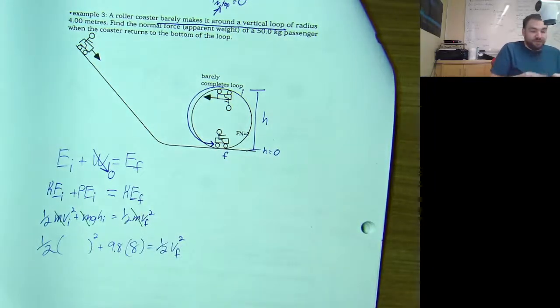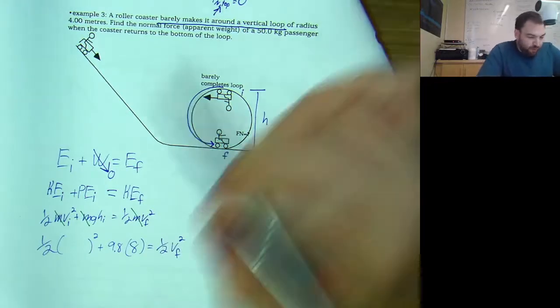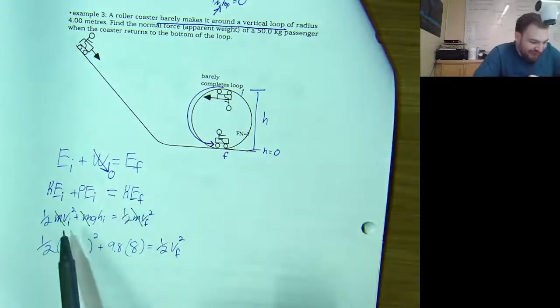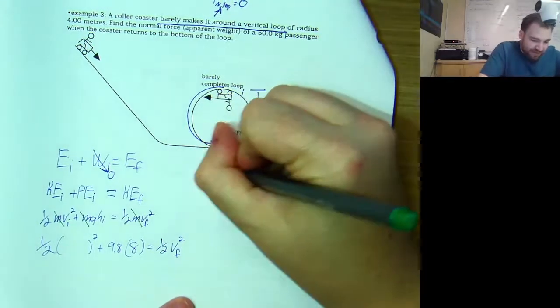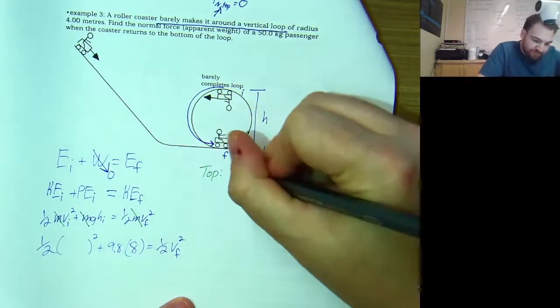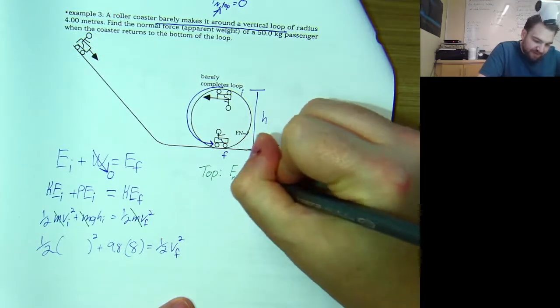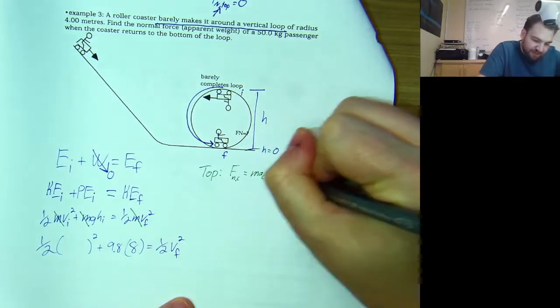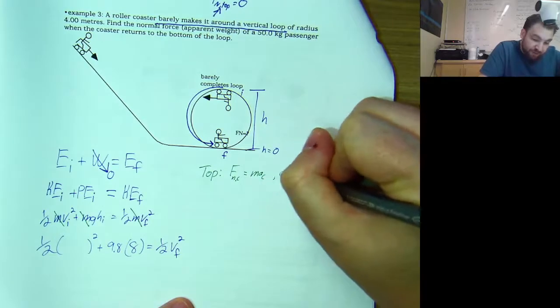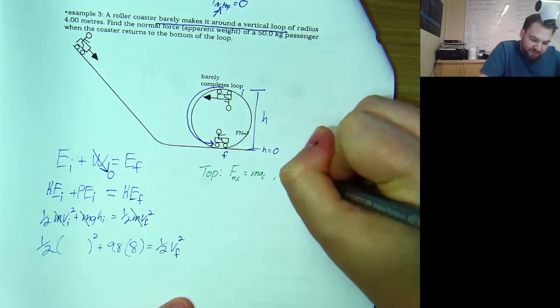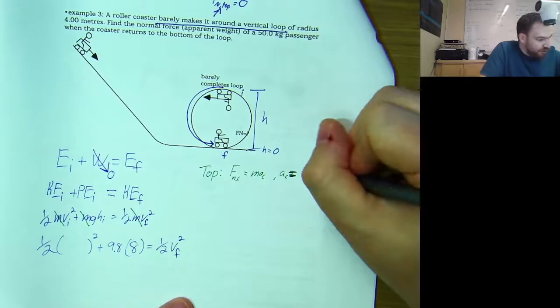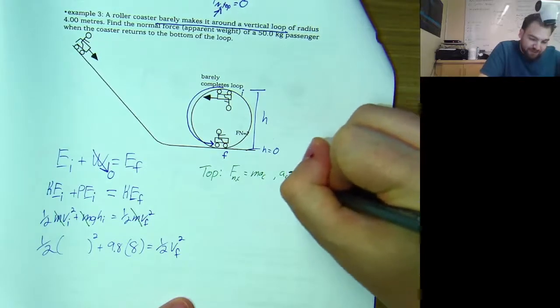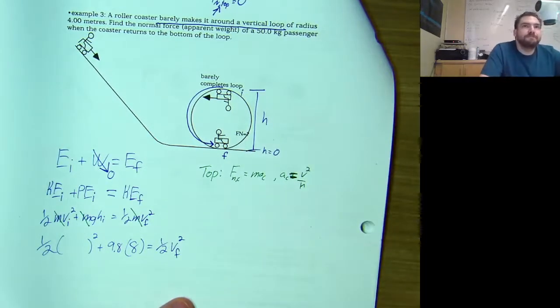I've got to use circular motion. Okay, let's do it. Circular motion, so what part of this circle is going to give me that? The top. Okay, so let's analyze the circle at the top. F_net,c equals m a_c, and we know for an object in uniform circular motion that the acceleration is equal to its speed squared divided by the radius of the circle.